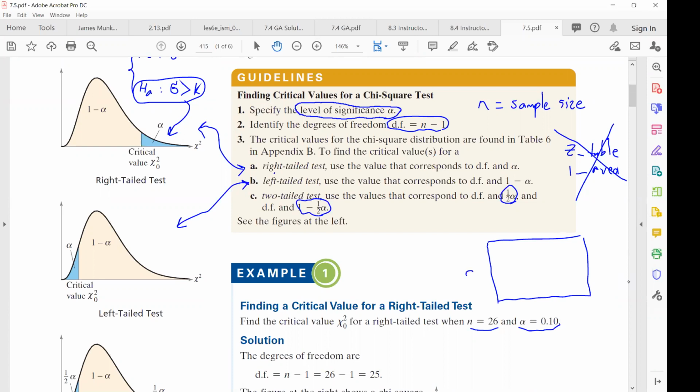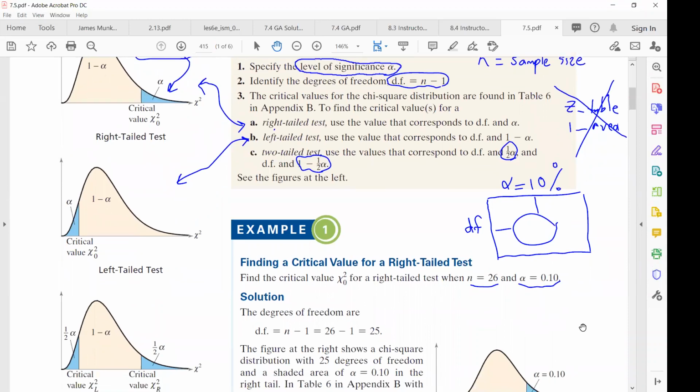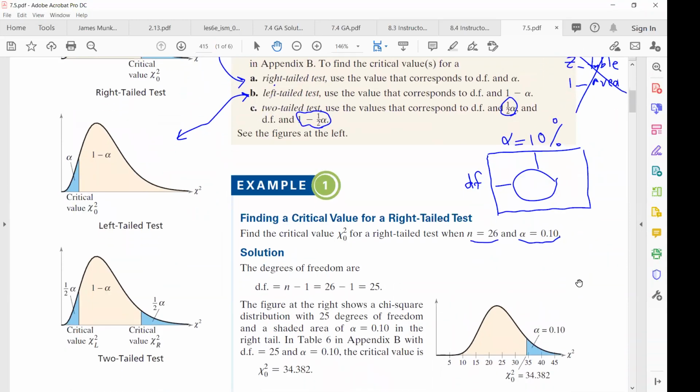The degrees of freedom is going to be on the left-hand side, the first column, 25, and your alpha, which is 10%, is going to be on the first row. The intersection between these two is going to be your critical value, which is equal to 34.382.